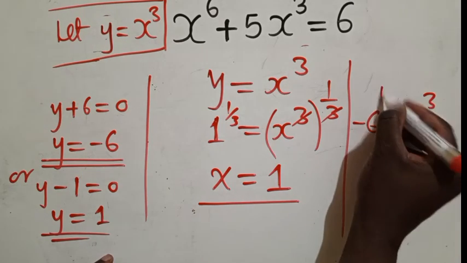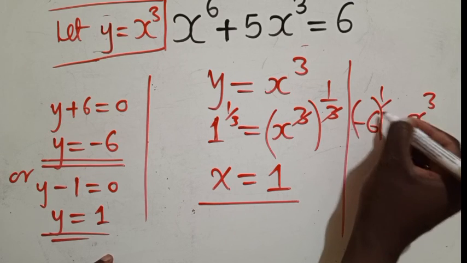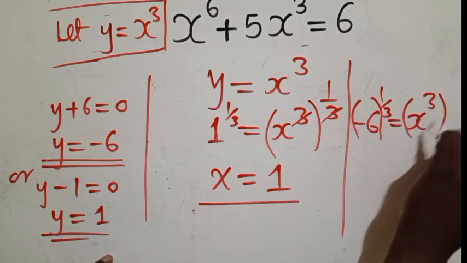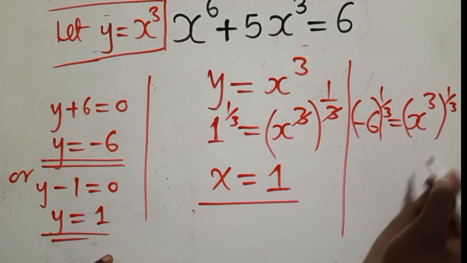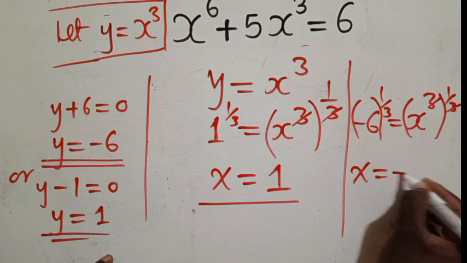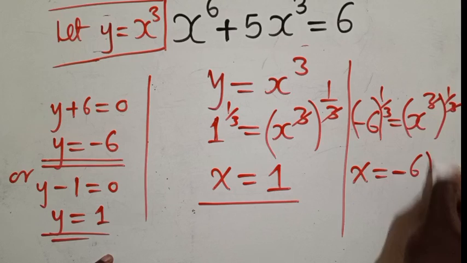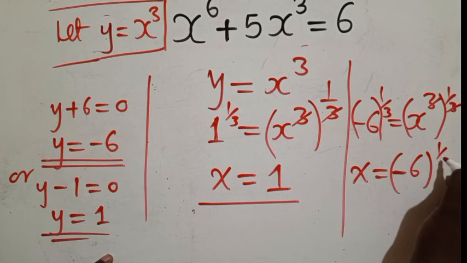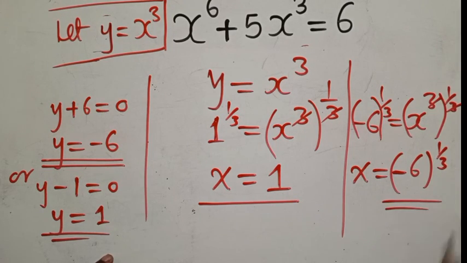We do the same: we raise this to the power 1/3, such that this and this will go. We shall remain with x equal to the cube root of negative 6. So these are the two solutions.